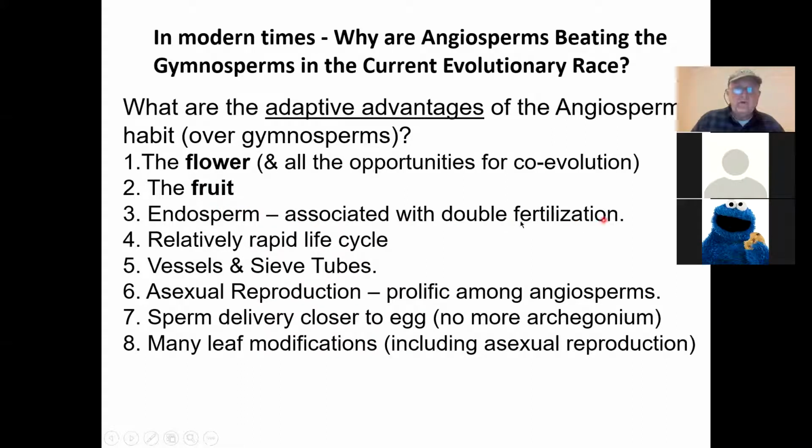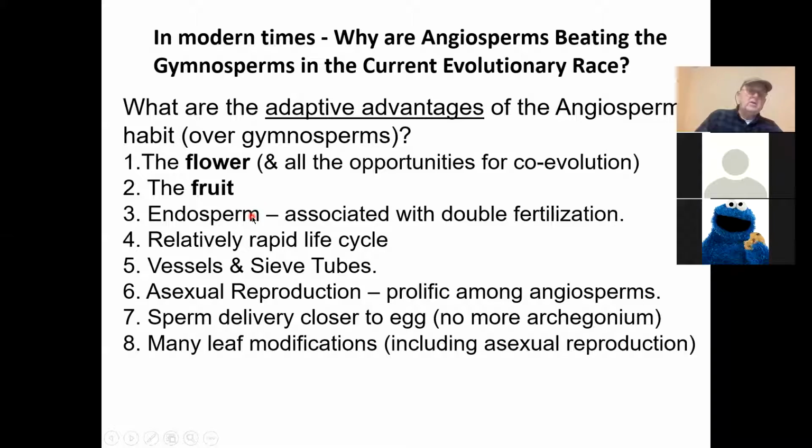Endosperm: in the case of the conifers, there are two sperm coming down a pollen tube. What happens to one? It fertilizes the egg. What happens to the other? It just dies off. And the cycad has two, like a pine tree too. The cycad has two sperm in the pollen tube, but one of those sperm is wasted. In the angiosperm, the other sperm is not wasted. It fertilizes another nucleus and provides an endosperm food source for the young embryo.